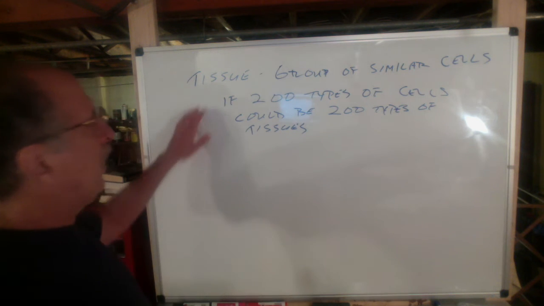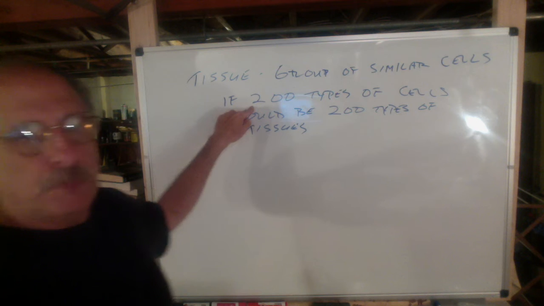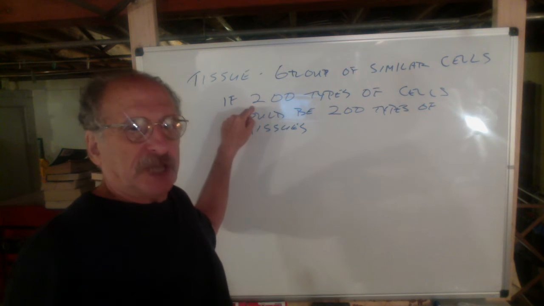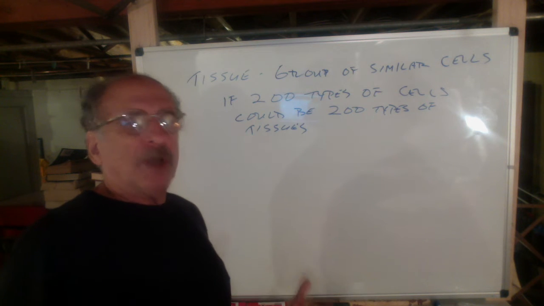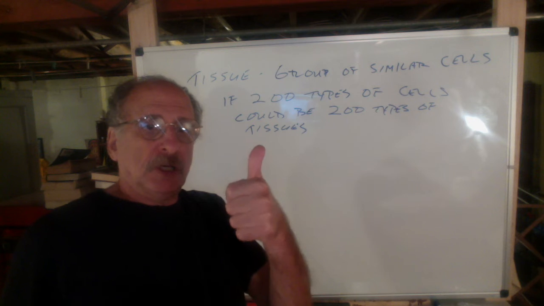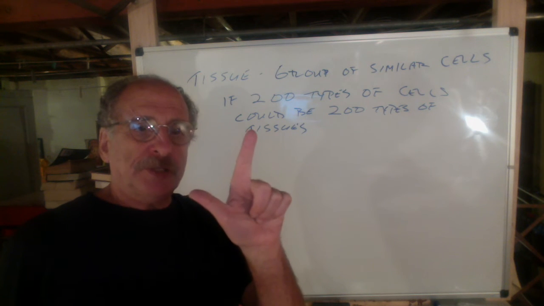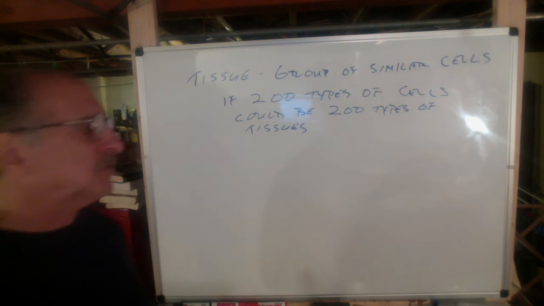So if you had a group of the first kind of cell, let's say you had a group of red blood cells, that would be the first type of tissue. If you had a group of one type of muscle cells called skeletal muscle, there's skeletal muscle, cardiac muscle, and smooth muscle, 3 different types of muscle cells.